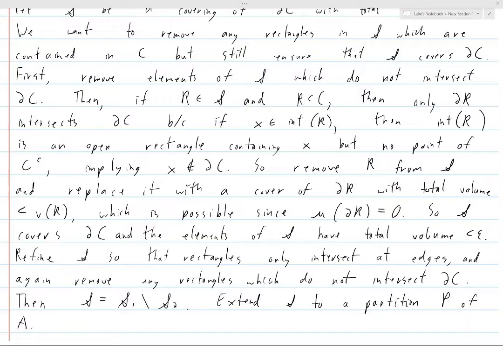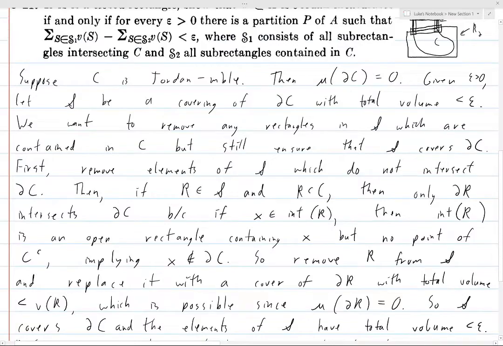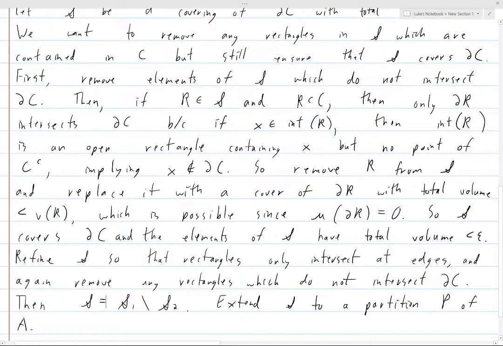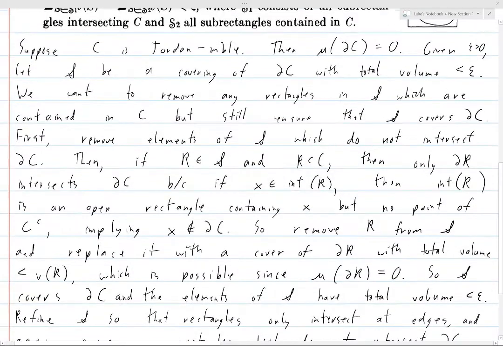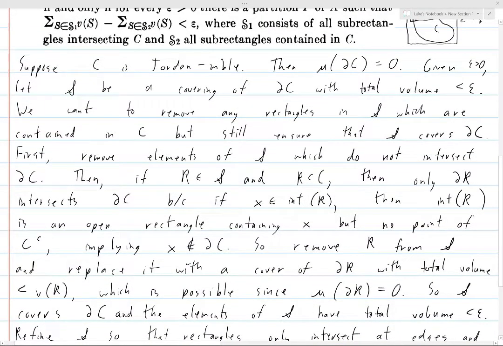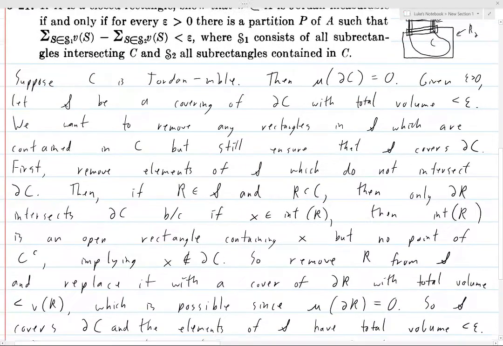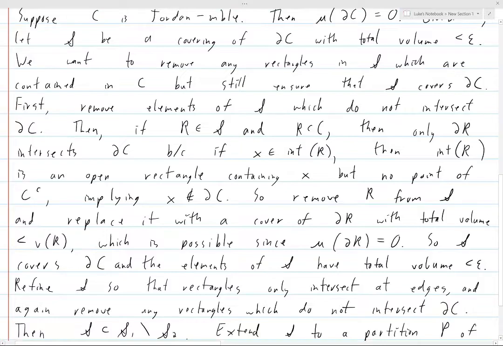Now in the other direction, no, let's take this one at a time. So this is certainly true, but now when we extend this to a partition, I guess, okay. S1 and S2 depend on the partition.